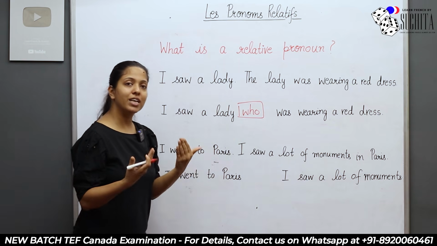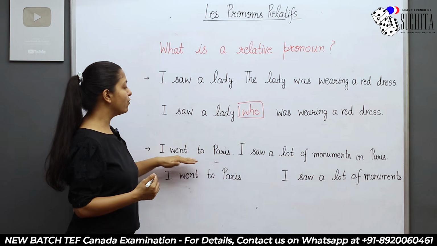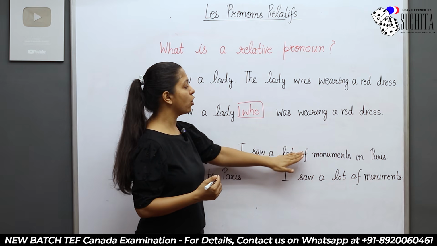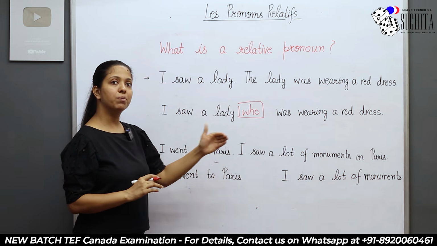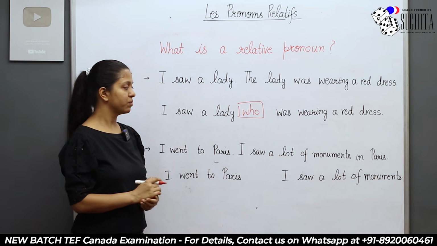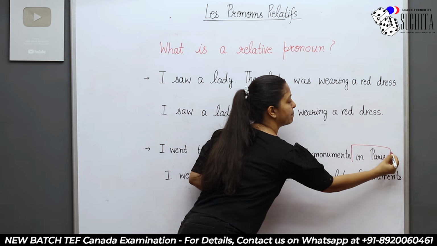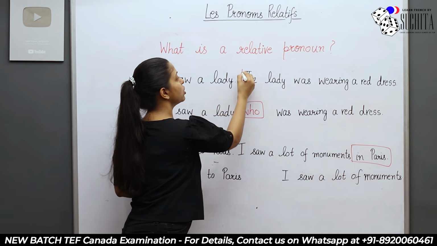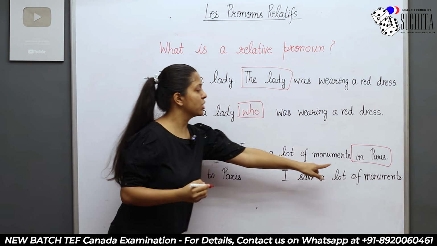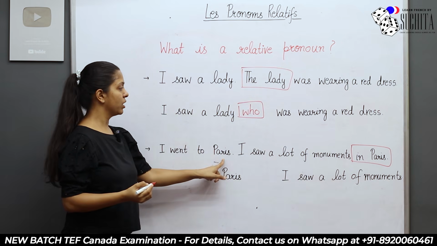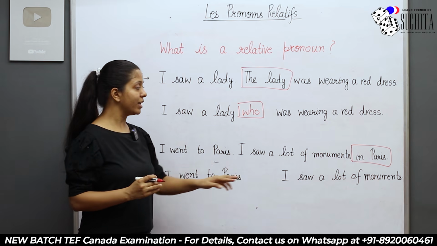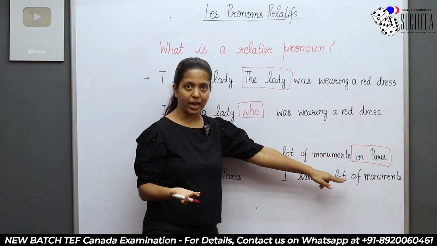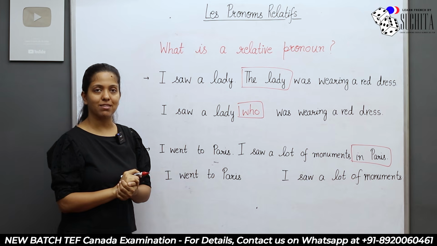Okay. Now if I take another example, I went to Paris. I saw a lot of monuments in Paris. Right? There are 2 sentences. What is the repetition in the second sentence? In Paris. Here the repetition was the lady, here the repetition is in Paris. What should I introduce in my final sentence so that I avoid writing in Paris again, and also join the 2 sentences?